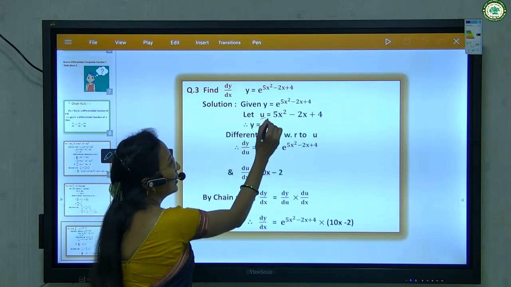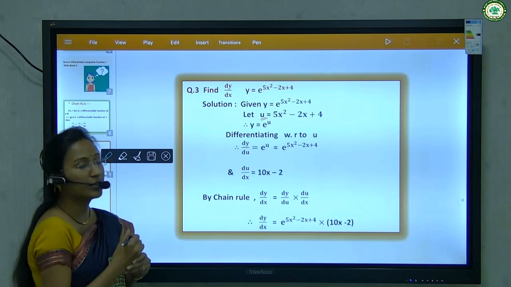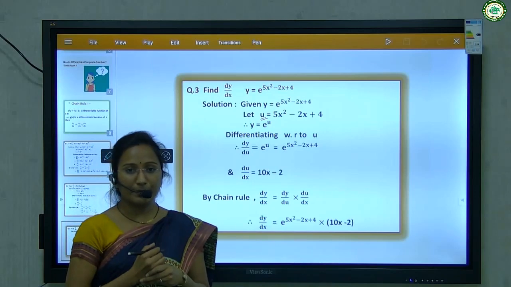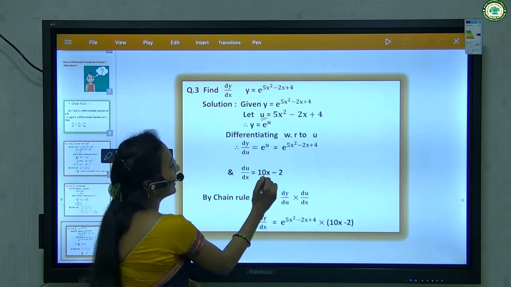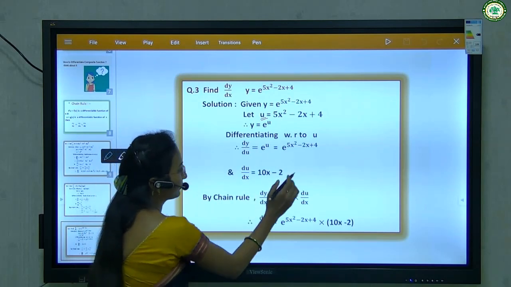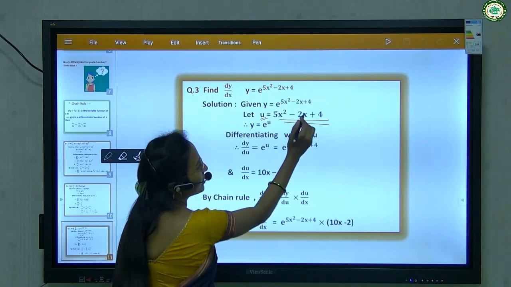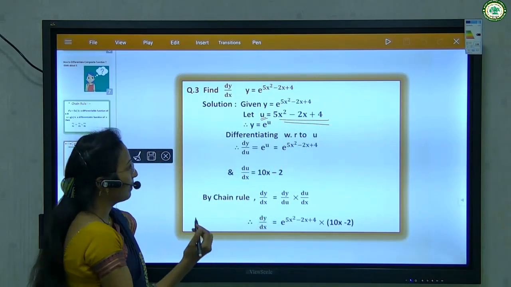Now here we see that u is a differentiable function of x. Therefore, I will differentiate u with respect to x. Therefore, the derivative of u with respect to x becomes du by dx is equal to 10x minus 2. Now here we see that the function is 5x square minus twice x plus 4. Here we use the rules of differentiation.